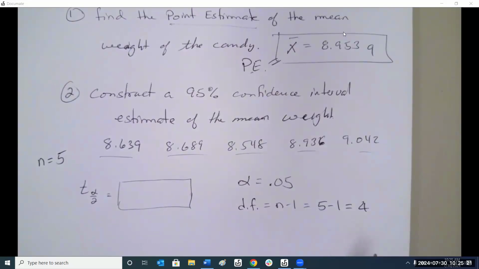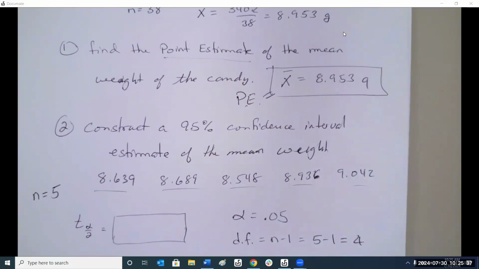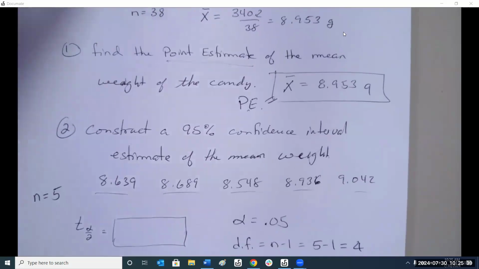Is it a 1-tail or a 2-tail test? Should be a 2-tail test because it's less than 30. No, the size doesn't matter. Because remember, we're trying to estimate the population average. So think of this: can the candies always be greater than that population average?